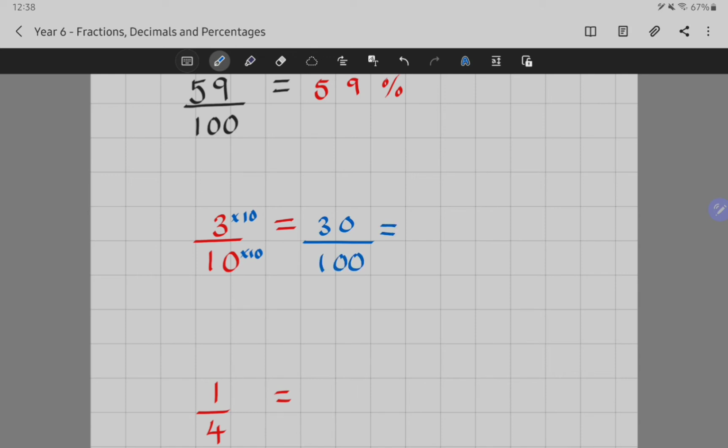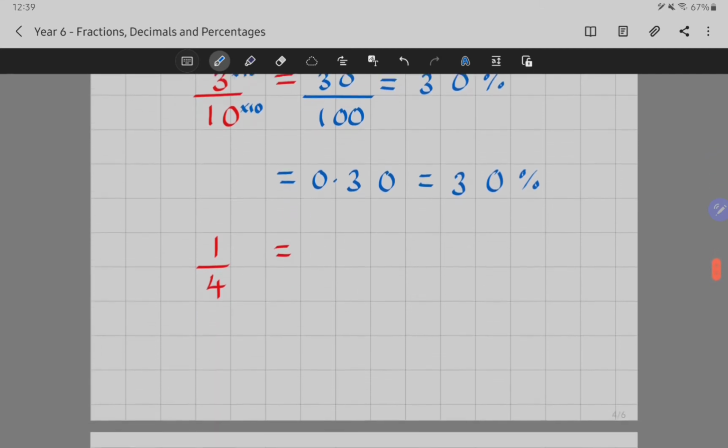Okay, and that would equal 30%. Okay, or you might have thought to yourself, oh, well, I know that 3/10 is equal to 0.3, or I can even imagine it as 0.30, and that would equal 30%. Okay, either way is fine. Okay, you do whatever method you find easiest to follow.